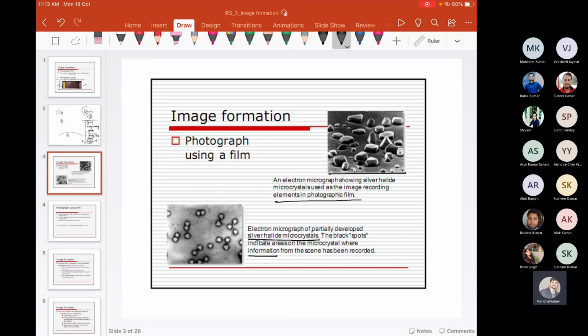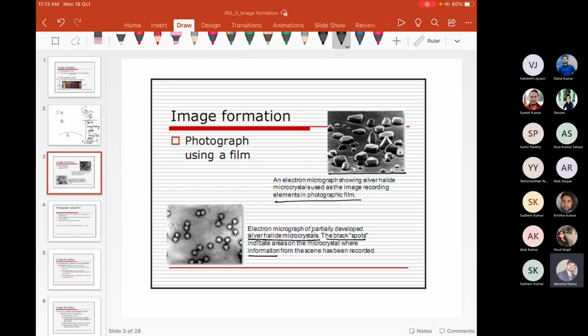So the microcrystals are rearranged, okay, and these black spots indicate the area on the microcrystal where information from the scene has been recorded. Based on the intensity of light falling on the film, the black spots are generated. Okay. In this way, negatives are generated.